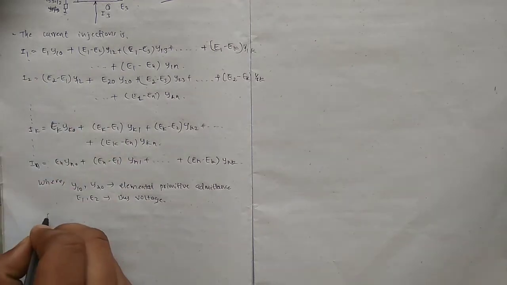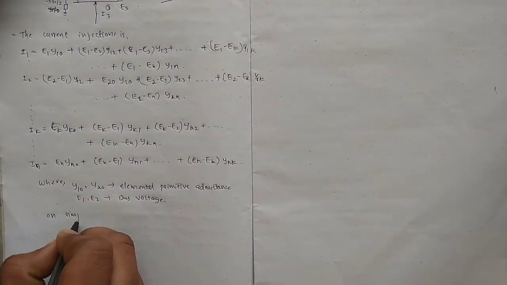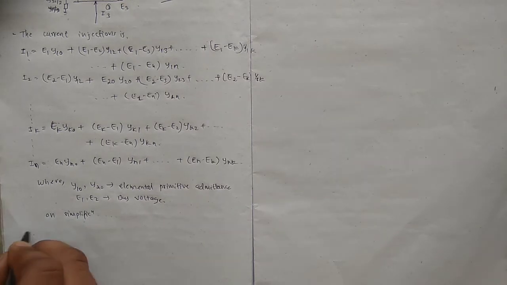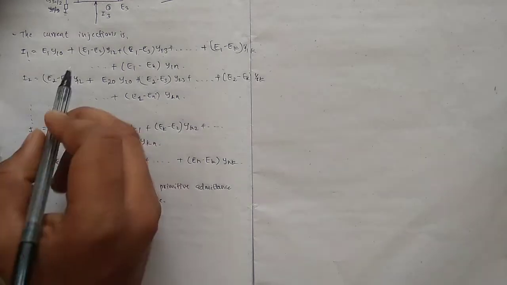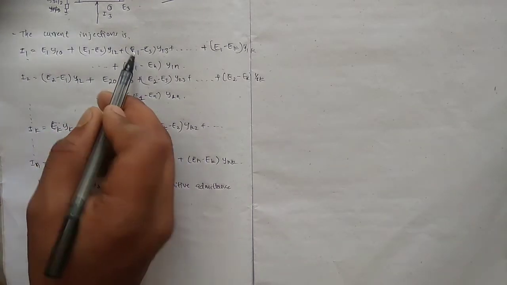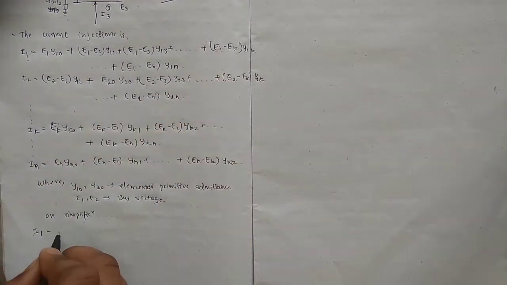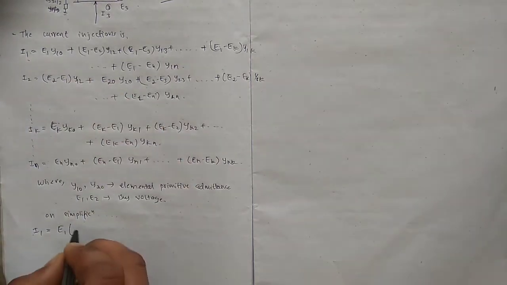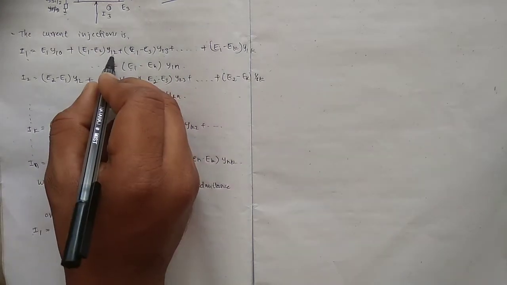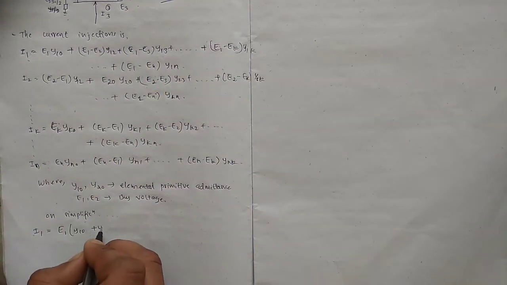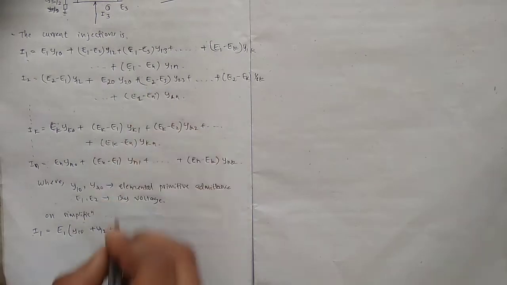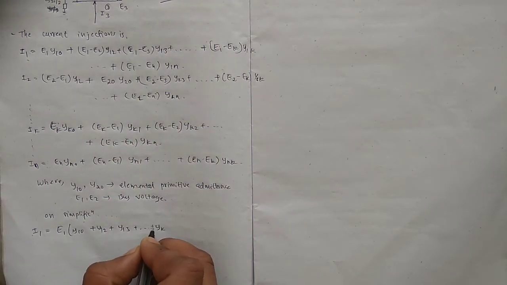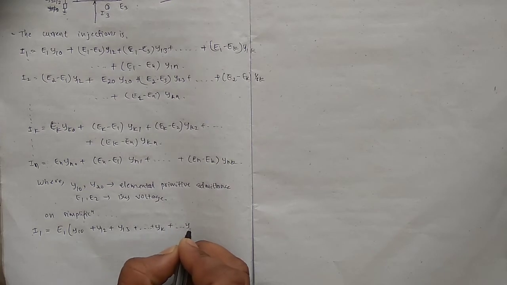These current equations, on simplification, give I1 equal to, since E1 is common, I'll take E1 as common. Inside we get Y10 plus Y12 plus Y13 and so on, Y1k, and so on, plus Y1n.